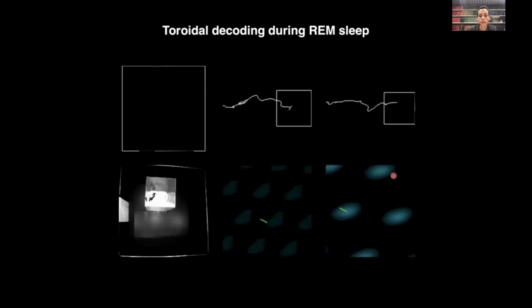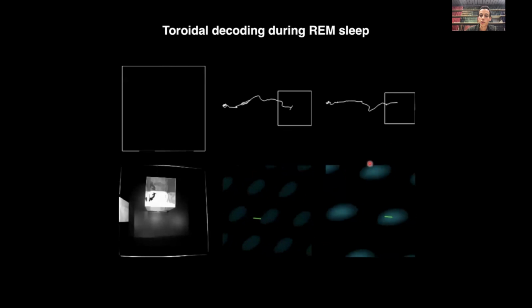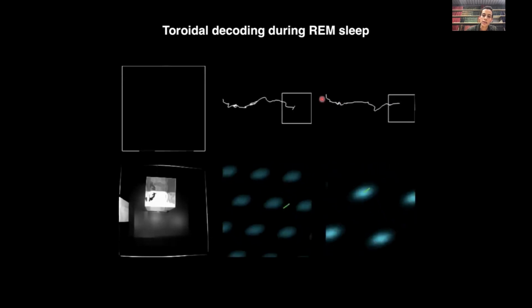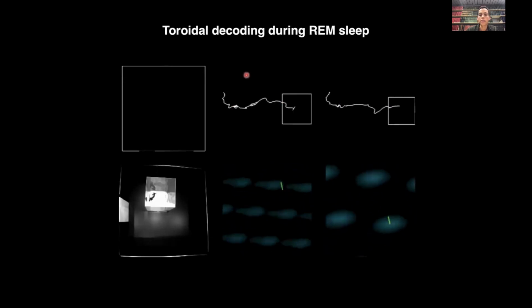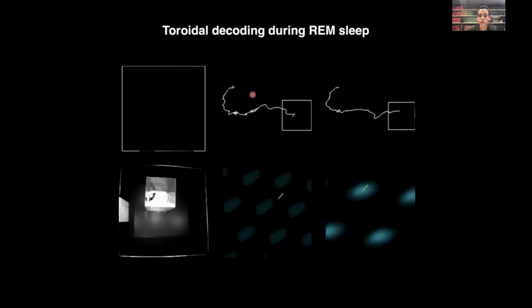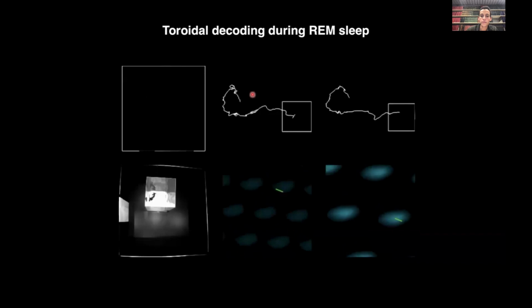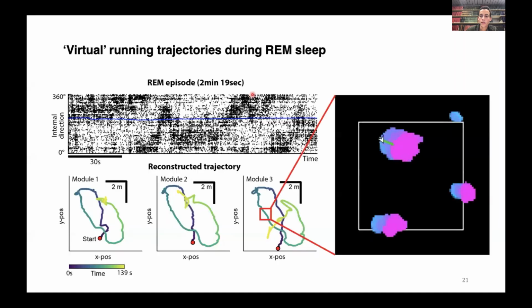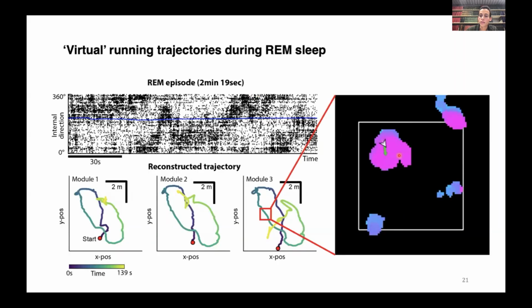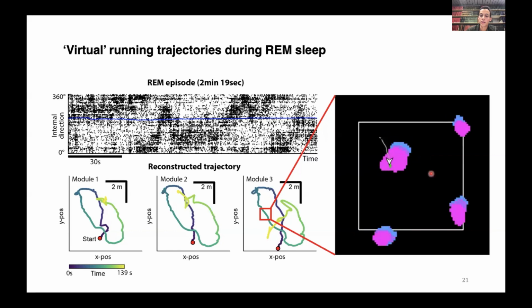And what you see is that the decoded position from these two modules plays out an extended trajectory of several meters that is coordinated across modules. And again, if we zoom in on these longer trajectories, we see shorter sweeps playing out on the finer timescale.